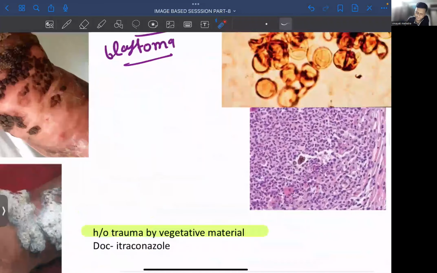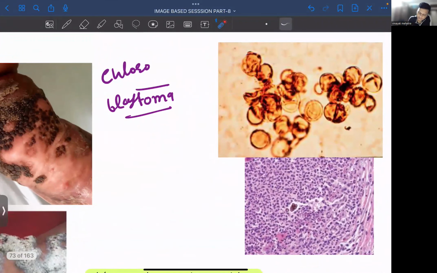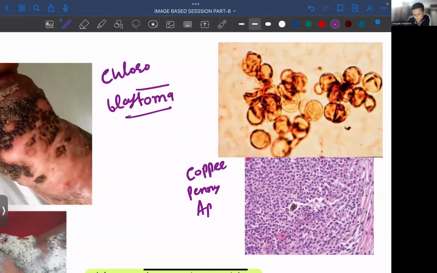Yes. इसको क्या बोलते हैं हम? You have seen 1 rupees coin, right? 1 rupees coin दिख रहा है, right? So what we have over here, brown color 1 rupees coin, that is called as copper penny appearance.